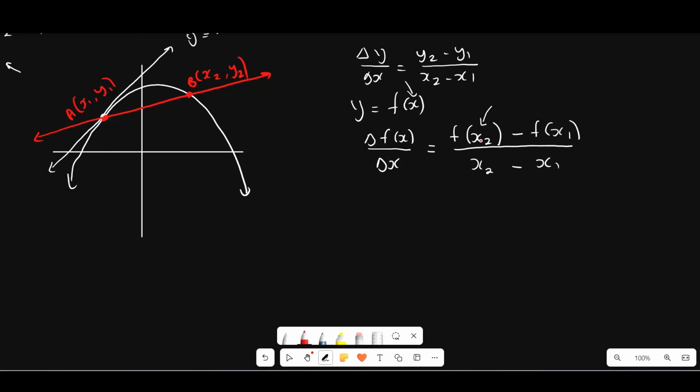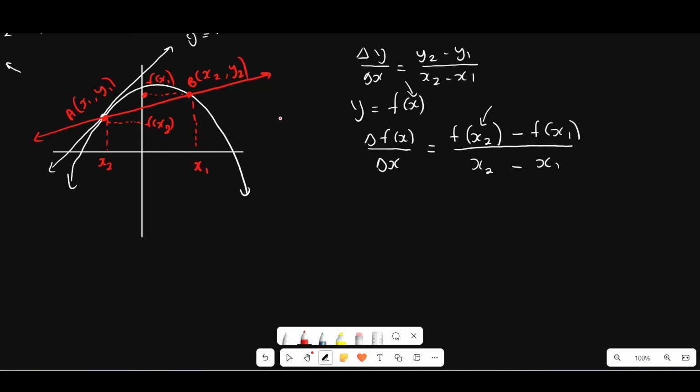So this point here will be x2 and this point here is my x1, and this is f(x1), and this is f(x2). This point here would be f(x1).